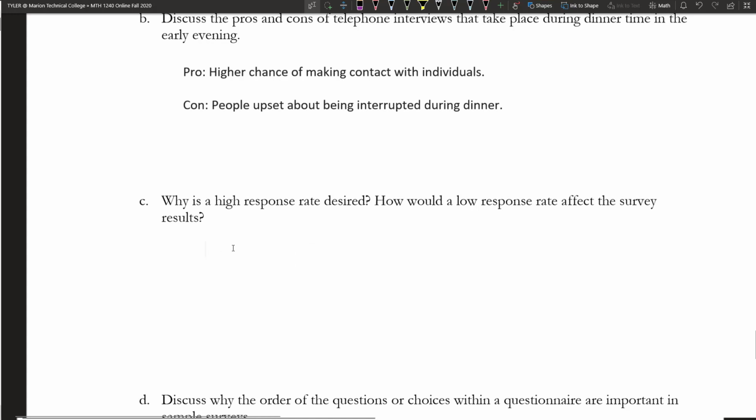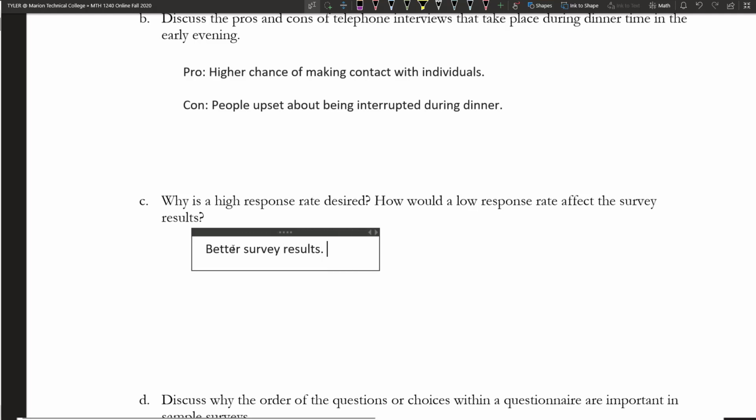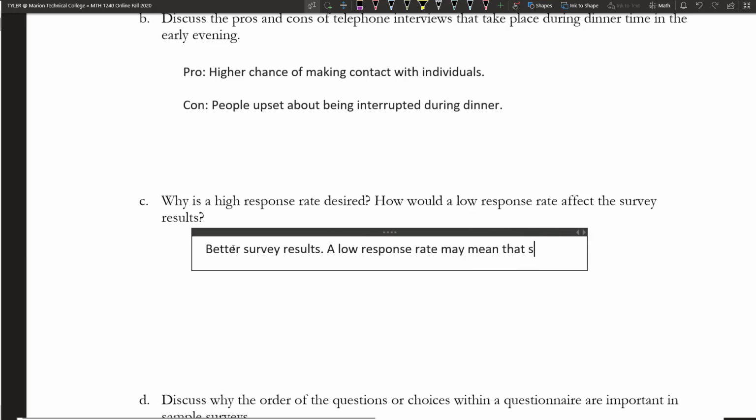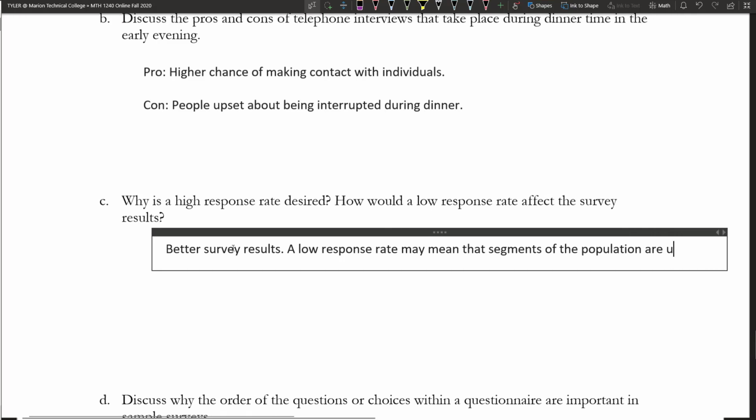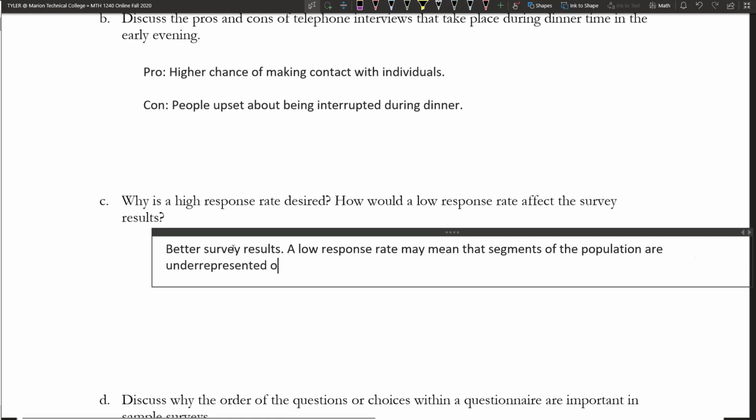All right, so the next is, why is a high response rate desired? How would a low response rate affect the results, right? So we're going to get better survey results with a high response rate. A low response rate may mean that segments of the population are underrepresented, or that only individuals with strong opinions have participated.